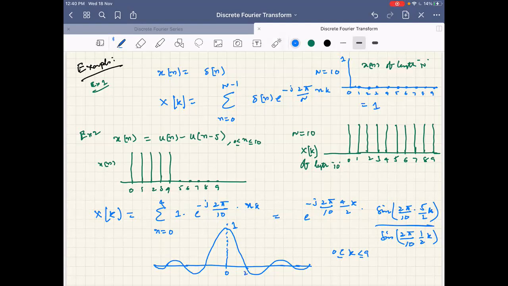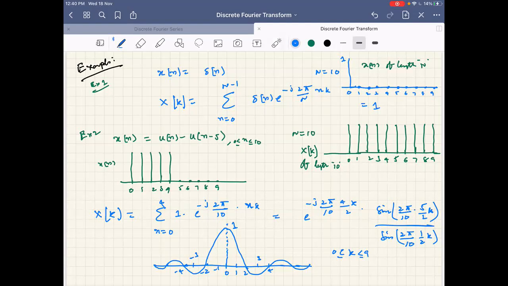K equal to 1 here, minus 2 here, assume that roughly, and minus 1 here, and again at 2 pi, k equal to 4 here, assume that it is 4. This is 3, and this is minus 3, minus 4, again 2 pi. Like that, you can see that these are samples.